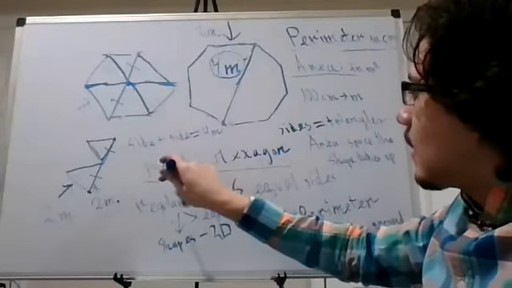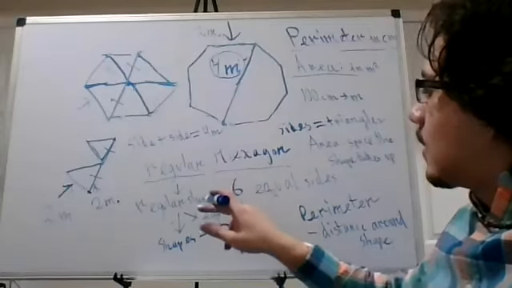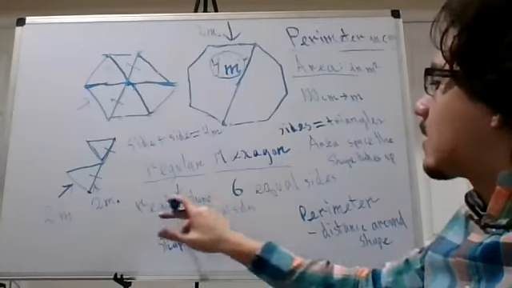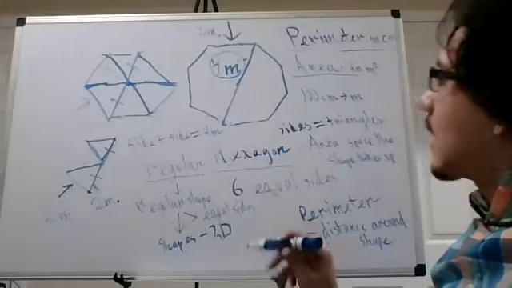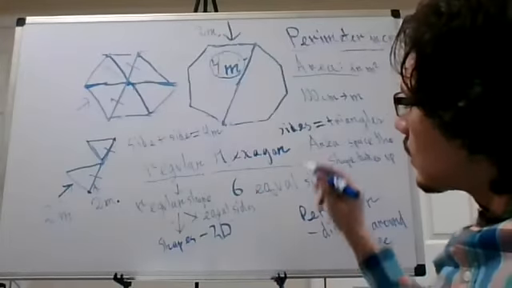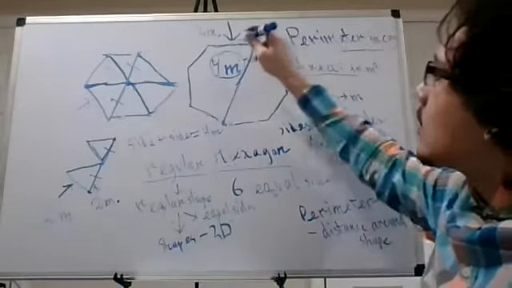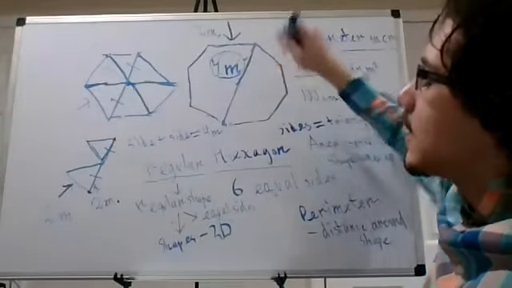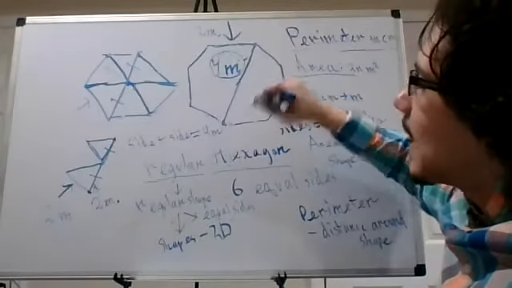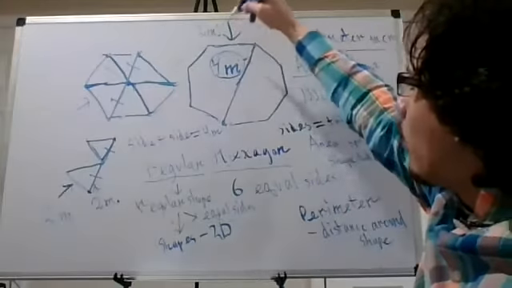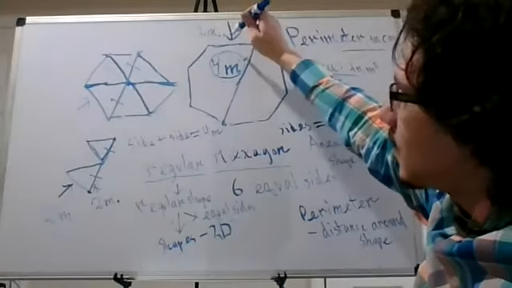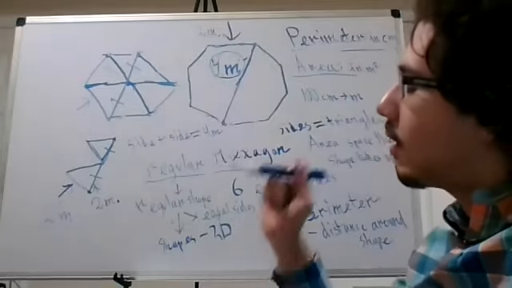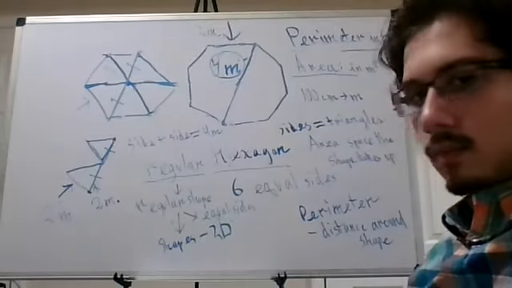We said that this is a regular hexagon, so it has 6 sides, and because it's a regular shape, they're equal sides. So all the sides together make the perimeter, and we now know what one of the sides is. Can we use this information to figure out what the perimeter of the whole hexagon is?